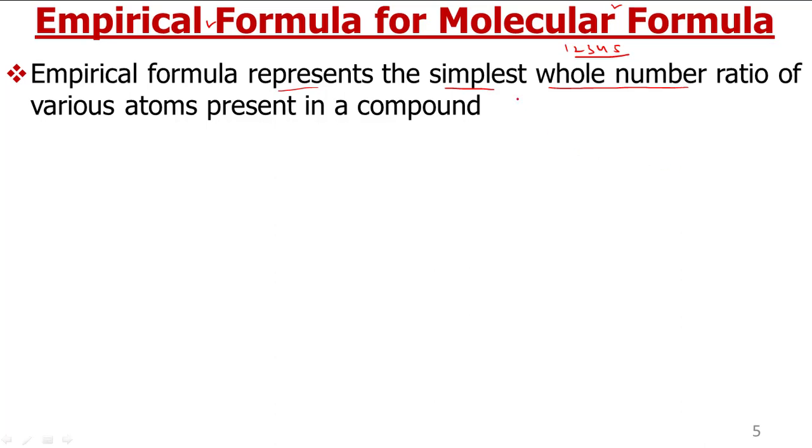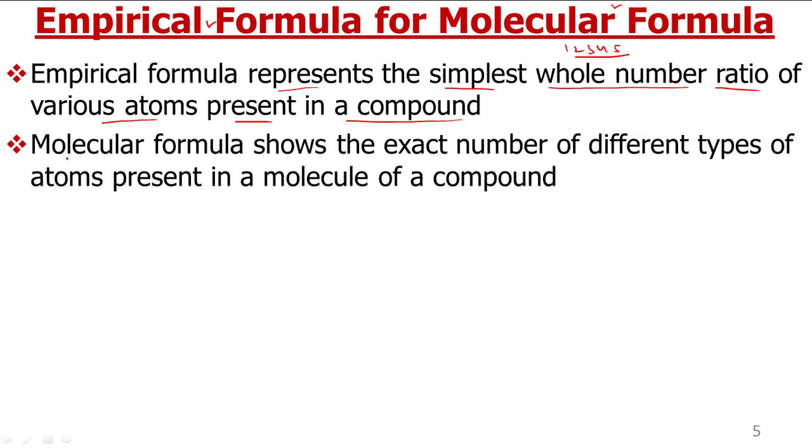Empirical formula represents the simplest whole number ratio of various atoms present in a compound, whereas molecular formula shows the exact number of different types of atoms present in a molecule of a compound.